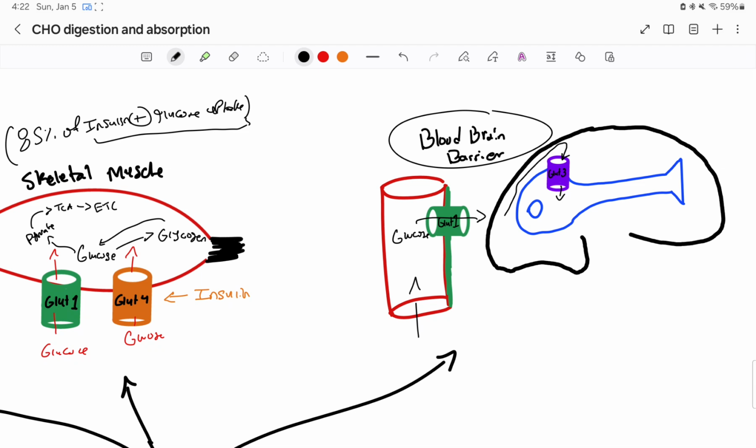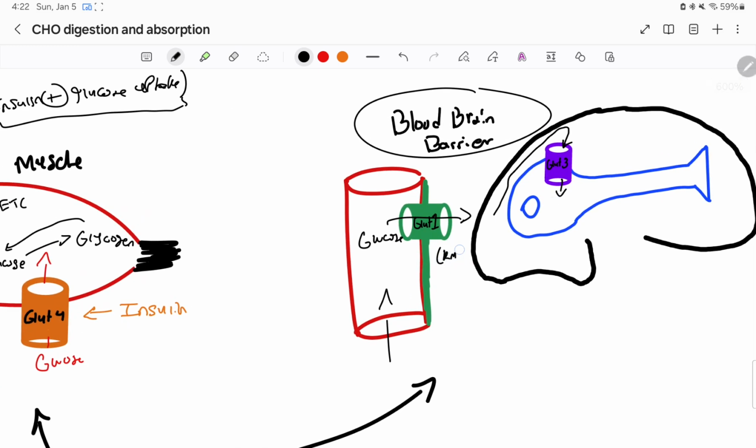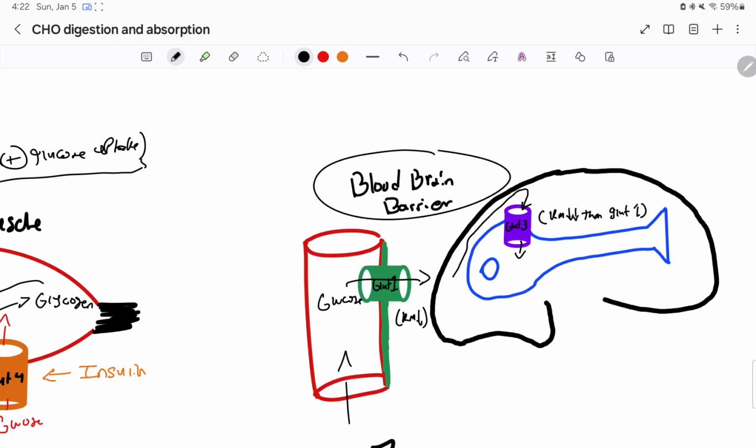Now, a little bit about the Kms of GLUT1 and GLUT3. So GLUT1 has a low Km, okay, meaning that it has a high affinity for glucose, but a low capacity for it. But the Km of GLUT3 is actually lower than GLUT1. So this is important. This is important because if GLUT1 has a higher Km than GLUT3, right?